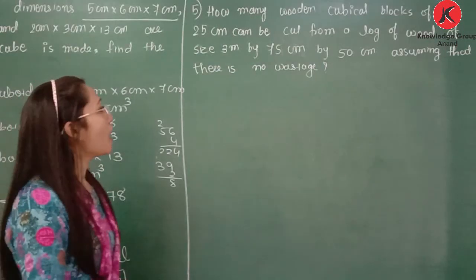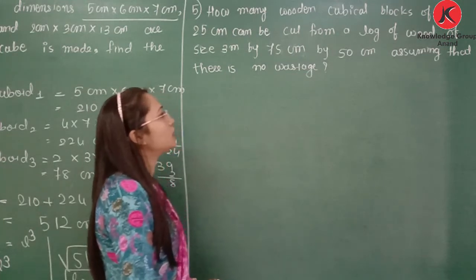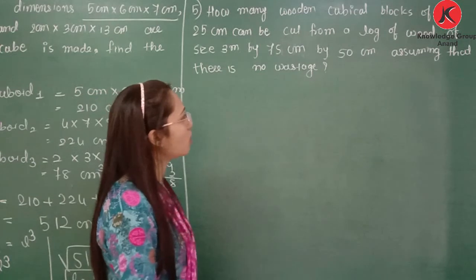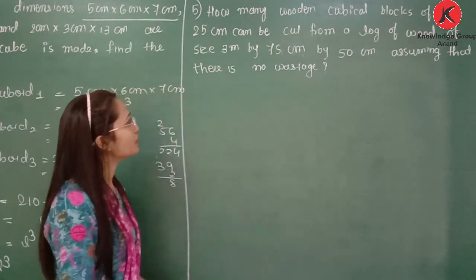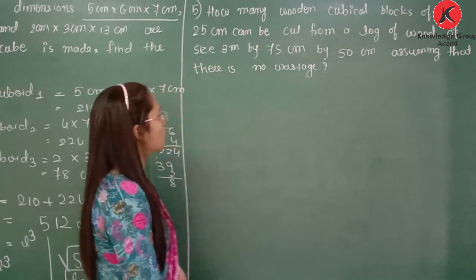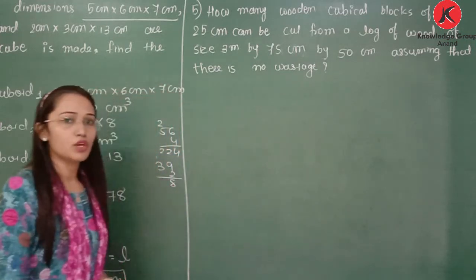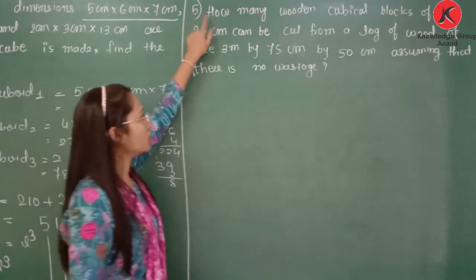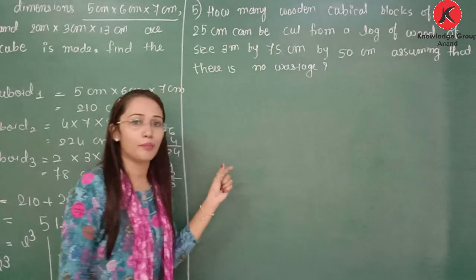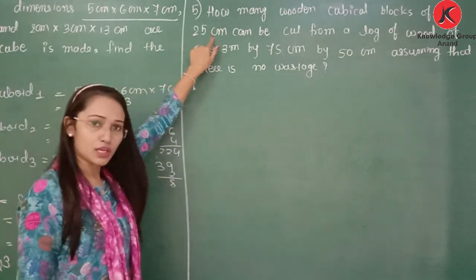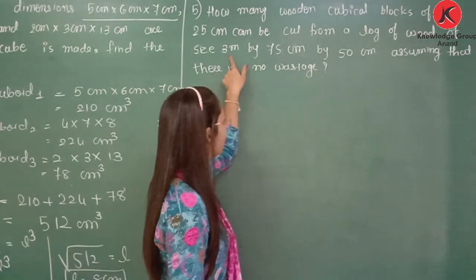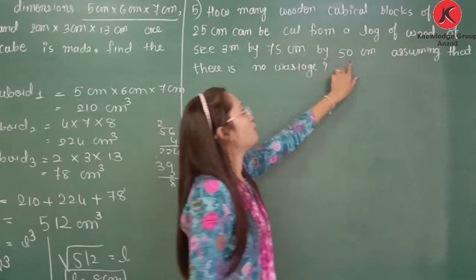Now next one. How many wooden cubical blocks of size 25 centimeter can be cut from a log of wood of size 3 meter by 75 centimeter by 50 centimeter, assuming that there is no wastage? So what is the question here? How many wooden cubical blocks, means cube blocks, of size 25 centimeter are made from a cuboid of size 3 meter, 75 centimeter, 50 centimeter.